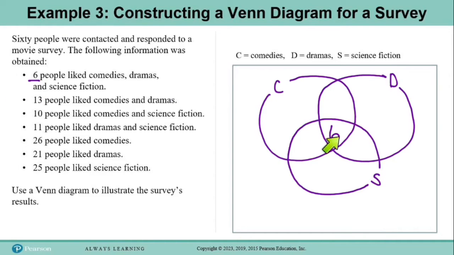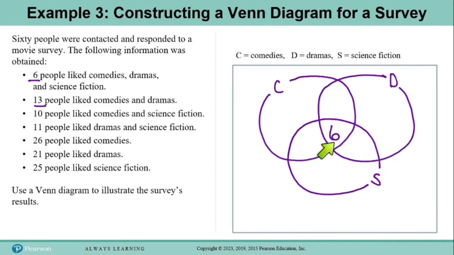Okay, so once we get that middle one filled in, we can go to the next one. So it says 13 people like comedies and dramas. So let's look at the diagram and figure out where is the region where the comedies and dramas overlap. And that would be this area right here. Okay, now we know that this area has to total up to 13 people. 6 of those people are here already.